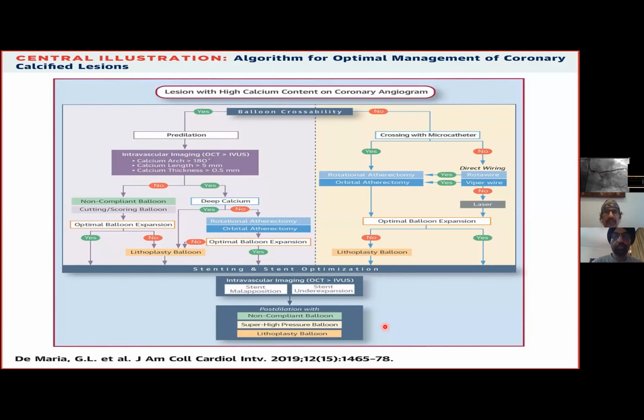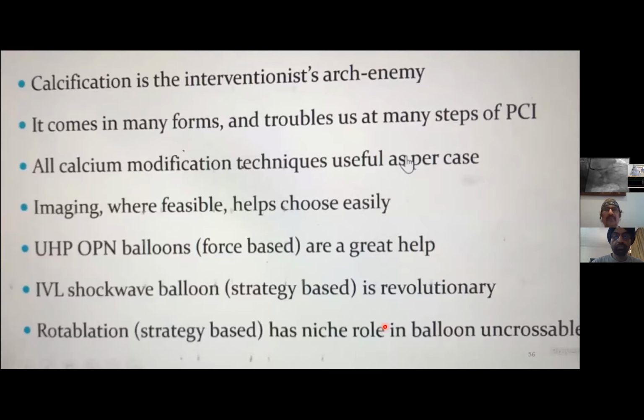Don't try to stretch, but if the balloon is not expanding, which would be the reason in most cases, you can switch to planning which is specific for calcium. So you can choose a rotablator with OPN or rotablator with lithotripsy and so on.